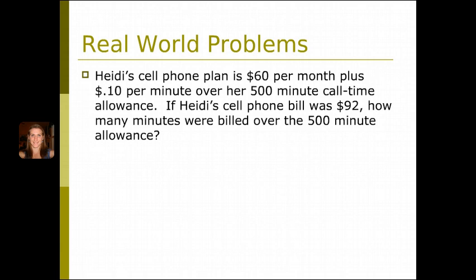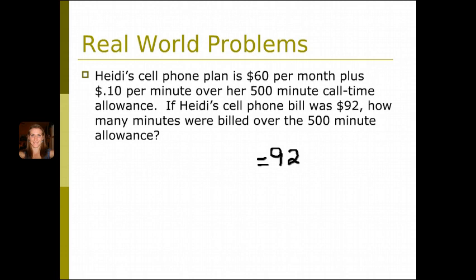Okay, so we know what her bill was, and we're trying to figure out how many minutes she was billed over her 500-minute allowance. Well, if we know that her bill equals $92, we've got to figure out what else about the problem.